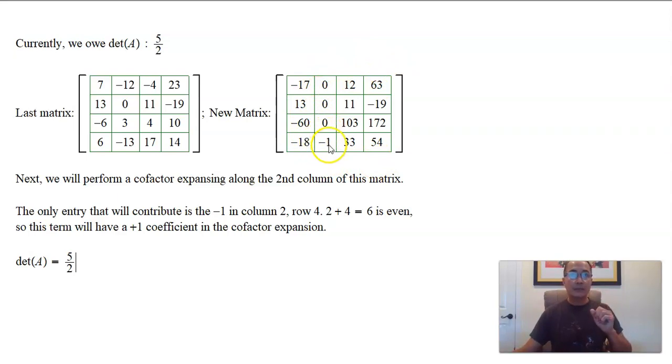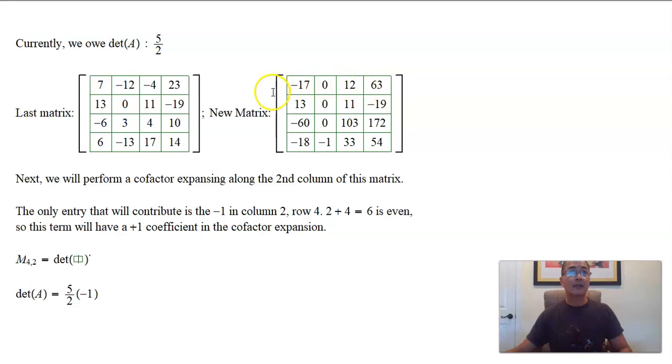Okay, so we said only the -1 will contribute. So we will have that -1. And then we are going to create a smaller matrix, a submatrix. We called it a minor, and we said that will be M42, row 4, column 2. So it will be the determinant of a 3x3 matrix.